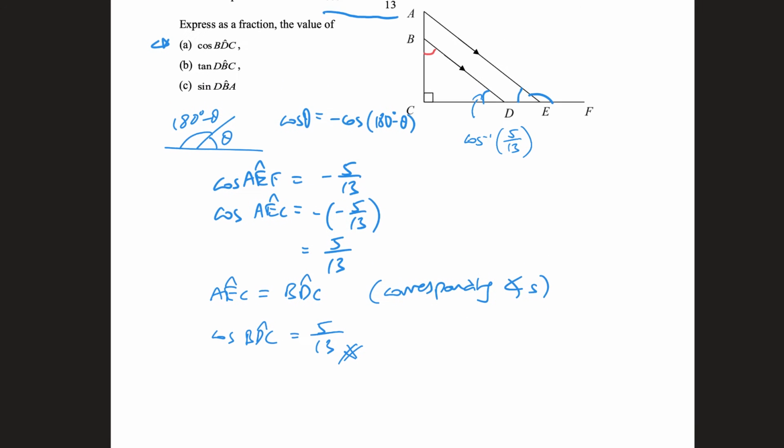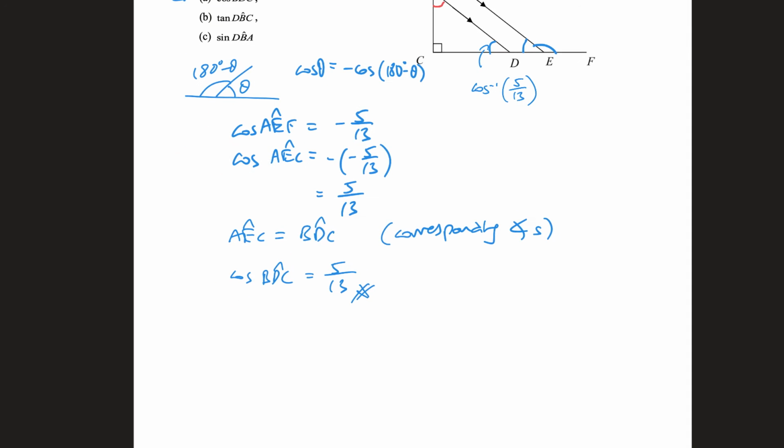And so to find the red angle now, DBC, what I can do is say that the DBC angle is simply 180 degrees, subtract away 90 degrees, and I subtract away this angle, which is actually cosine inverse 5 over 13.